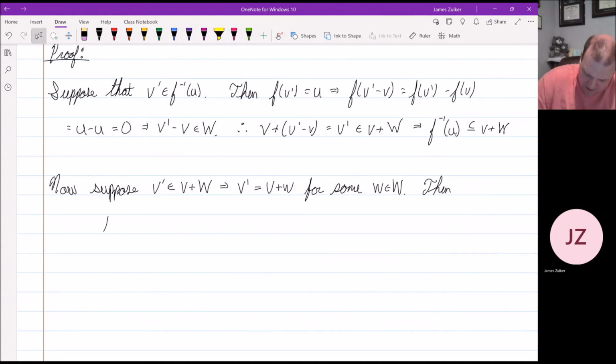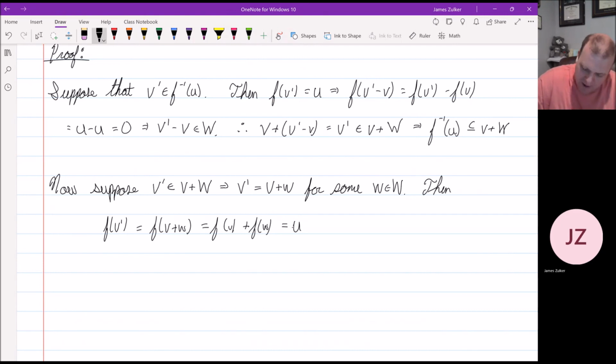Then F of V prime is equal to F of V plus w, which equals F of V plus F of w because it's a linear mapping. That equals U because F of w is 0, in the kernel.